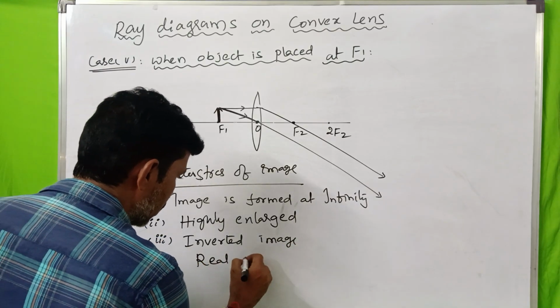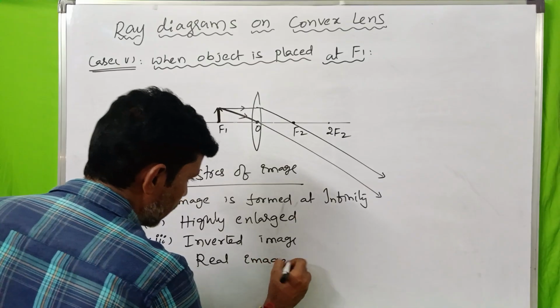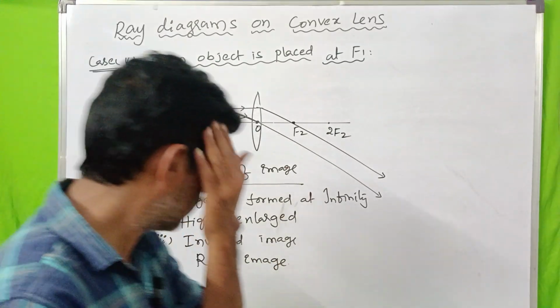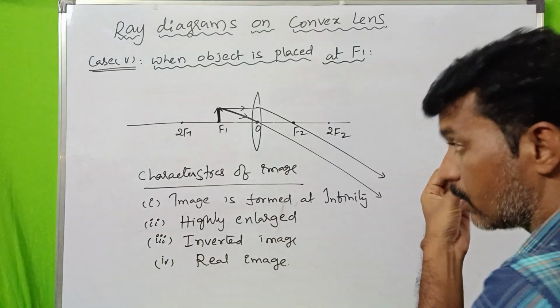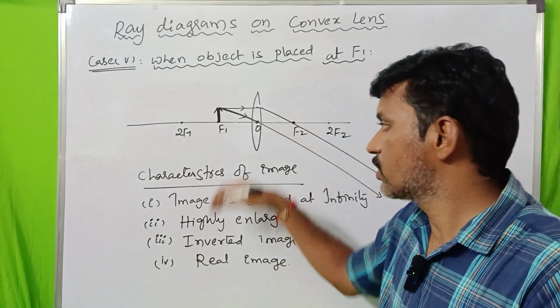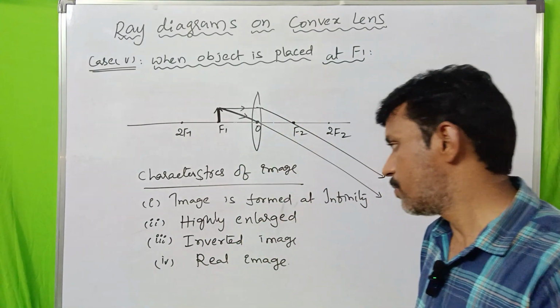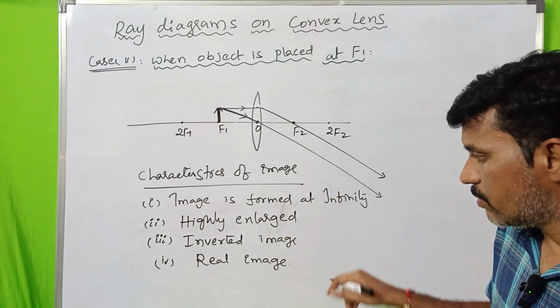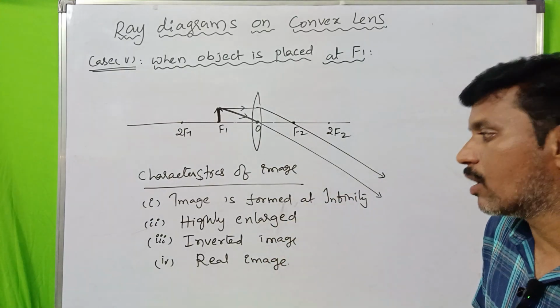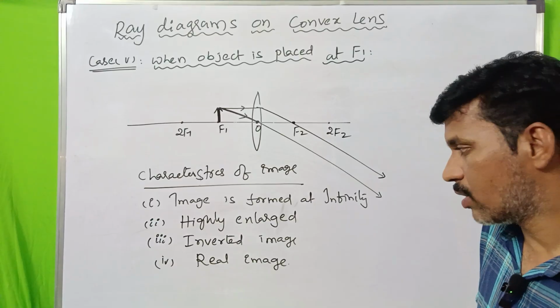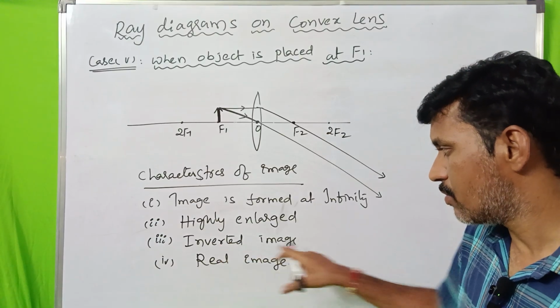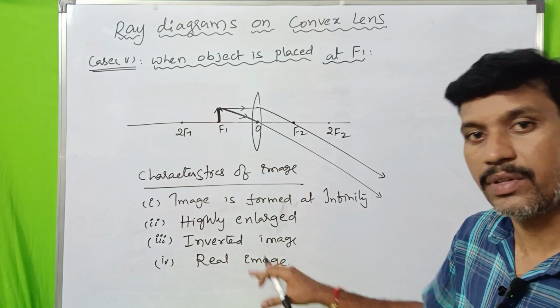It is also a real image. This is the first case. Fifth case: when the object is placed at the focus point, the image is formed at infinity, highly enlarged, inverted and real. Till now, in all cases, we got inverted, real images.